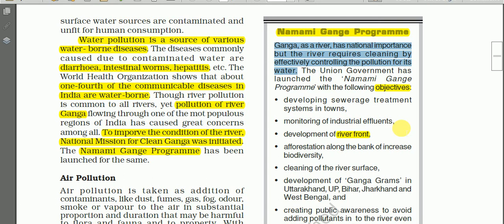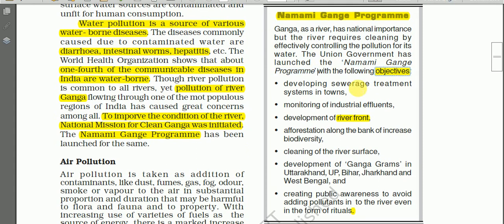Just now we have learned that Ganga is polluted because of cultural activities, industrial activities, and agricultural activities, and that is why cleaning of Ganga is required. The Union government has launched the Namami Gange program with the following objectives.